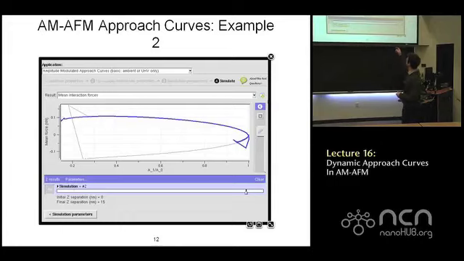In this plot of mean forces versus amplitude ratio, you'll see that for this large region in the middle where it's bistable, the approach and the retraction have either a positive mean force or a negative mean force. That means the regime of oscillation is either attractive or repulsive based on the sign of the mean force. Okay?